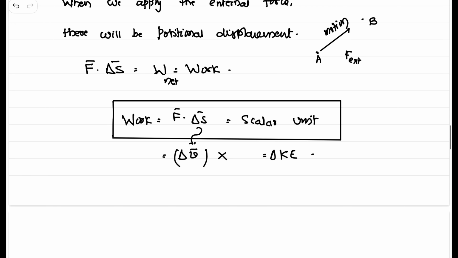Change in kinetic energy, that is delta T. That means work causes change in kinetic energy. Are you able to understand?